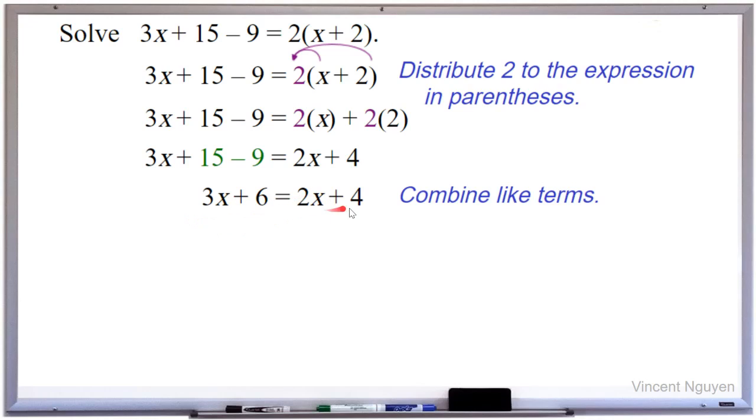And now I end up with this much shorter equation than the original, right? So that's the goal. We want to get our equation shorter and shorter and shorter. Now here we have two choices. We could subtract 3x to move it over here, or we could subtract 2x and move it over here. What do you think we should do?